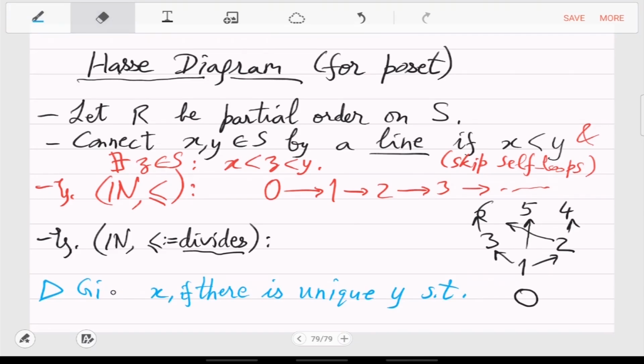For all x, there is always a unique y such that you see the edge x to y.